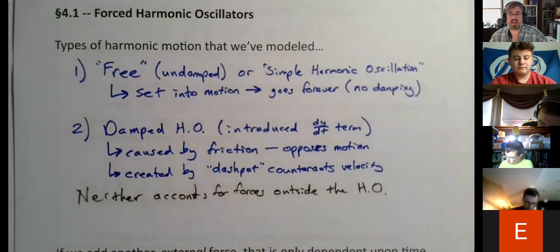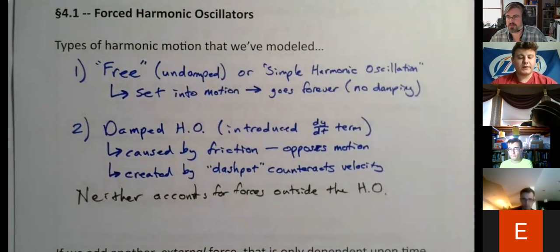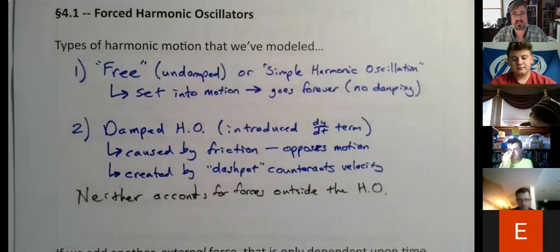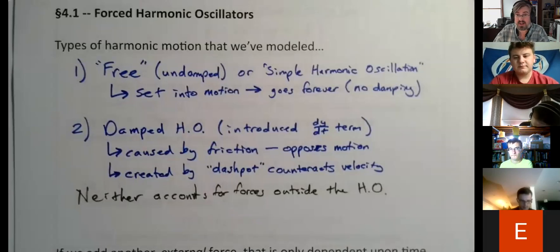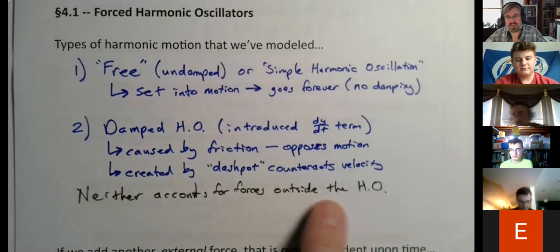In other words, if you walk into the room and see this harmonic oscillator wobbling on the table, and you breathe on it and cause it to move, you've just introduced an outside force that's not the spring, and not friction with the table. It's this external thing, this outside force. So they only model the oscillator. They don't model anything outside the oscillator.